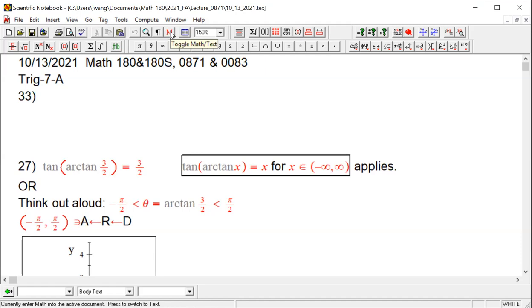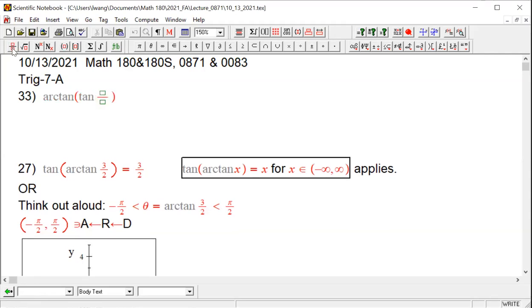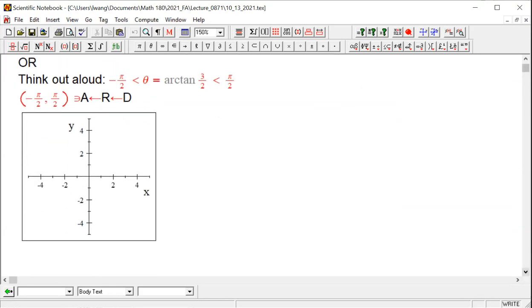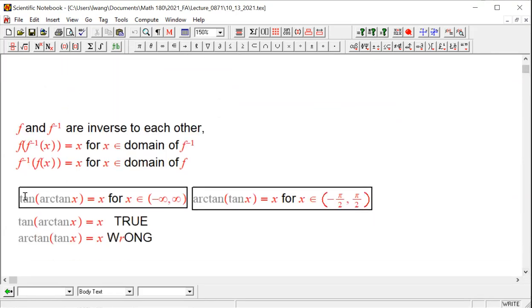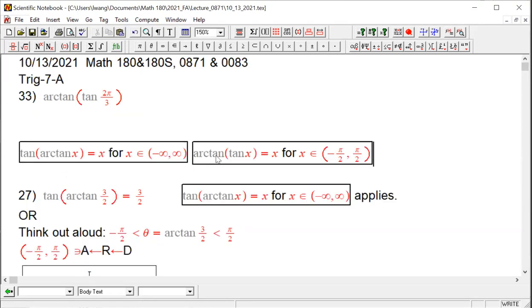We have an arctan and tan, 2 pi over 3. Can we apply either one of these two properties we have just learned? Can we apply either one?